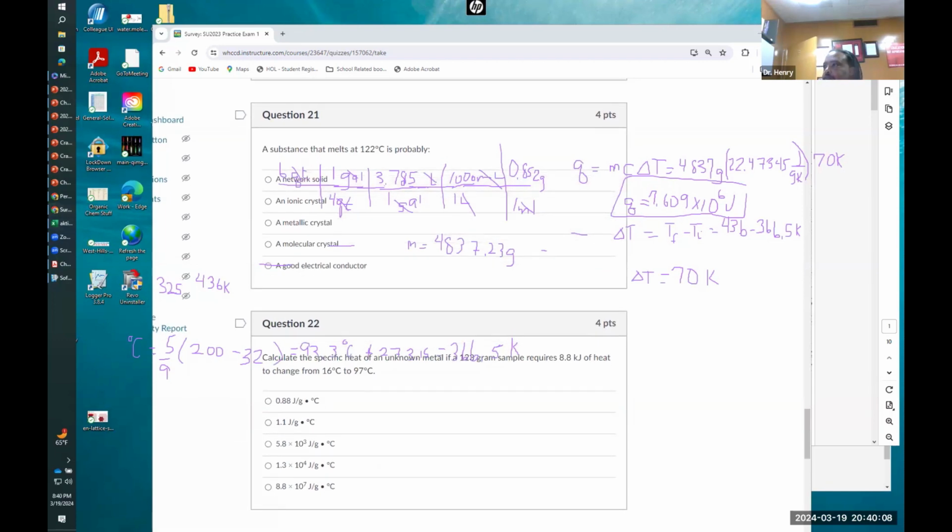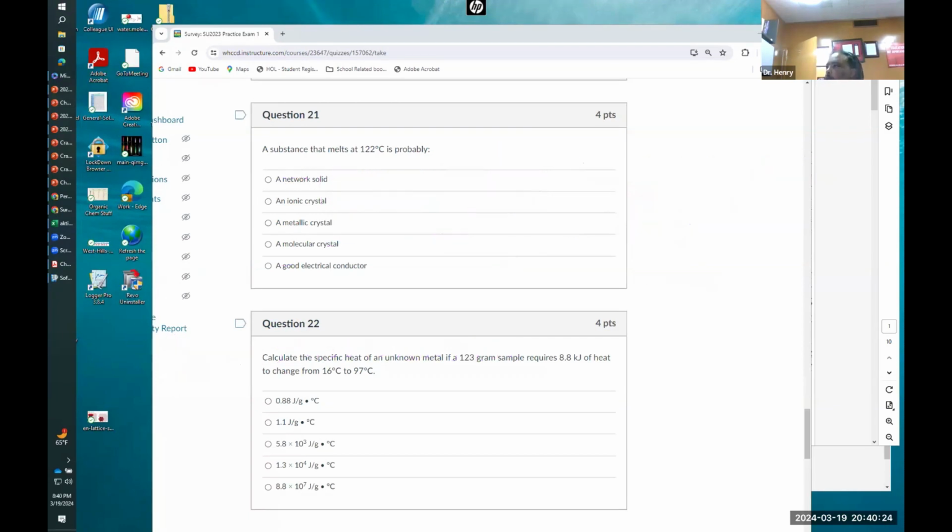Okay, I'm going to erase. Okay, so a substance that melts at 123 degrees is probably a network solid, an ionic crystal, a metallic crystal, a molecule, or a molecular crystal.